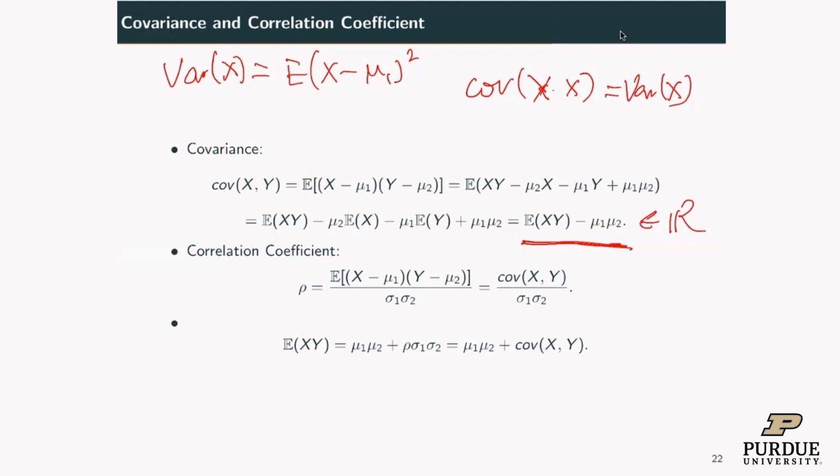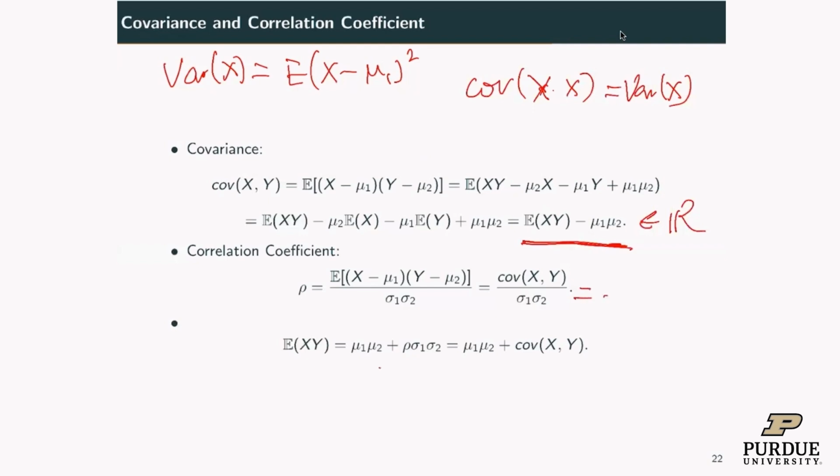Now I can do some standardized covariance. So that's the correlation coefficient. The notation is rho. The numerator is the covariance. The denominator is the product of the standard deviations, so it's the square root of the variance. Now I can do some algebra. So the expected value of XY is mu1, mu2 plus rho sigma 1, sigma 2.